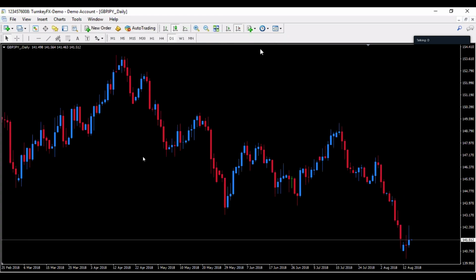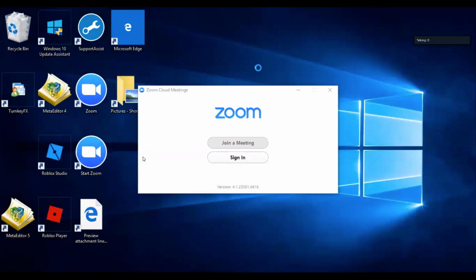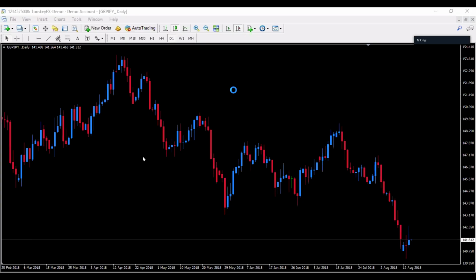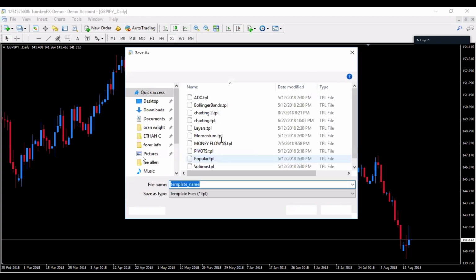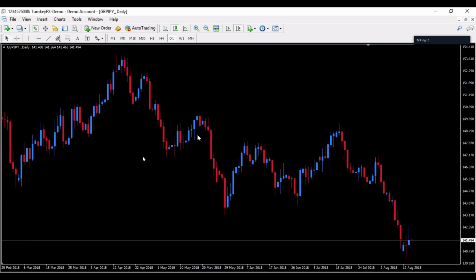I forgot that. Go to save template first. Once you've done all of that, the same way that I have my chart set up, you would go ahead and just save the chart name. That way, when you come in and out of these charts, you won't continuously have to change your colors, your line charts and whatnot. It just makes it a little bit simpler to go ahead and dig in and trade.